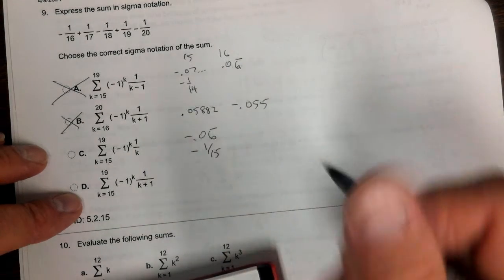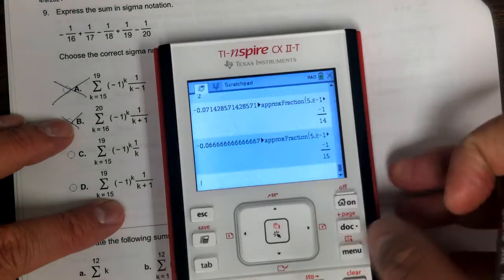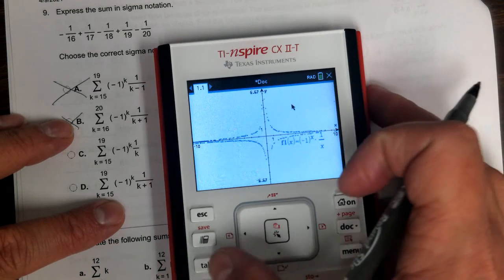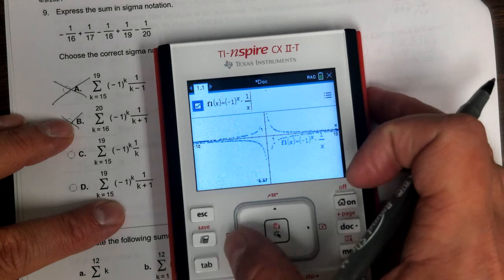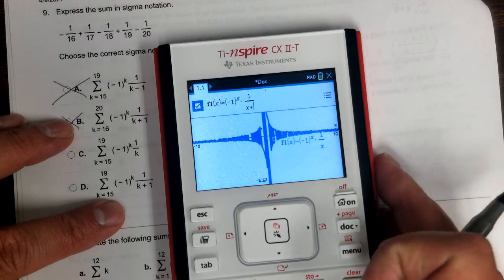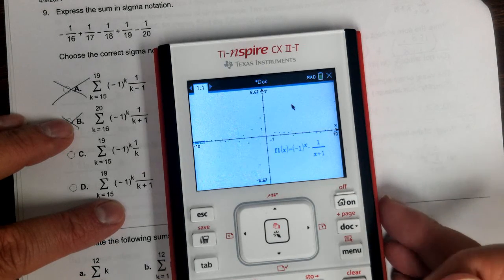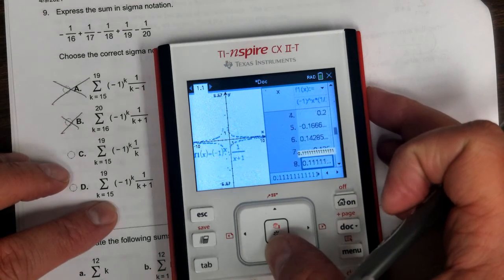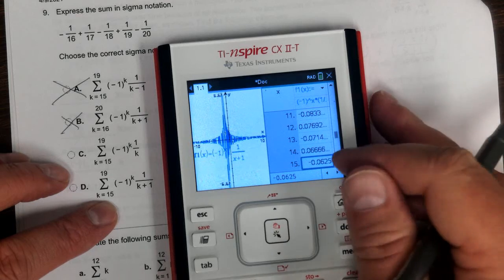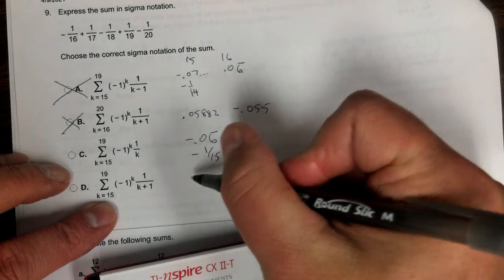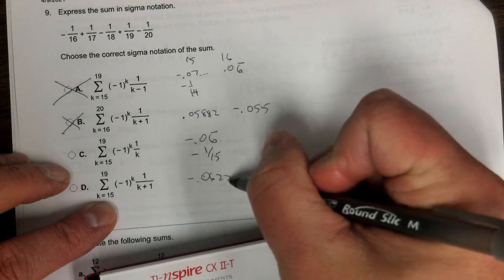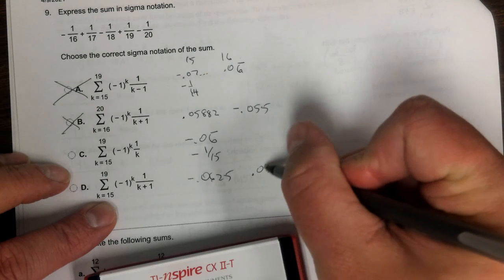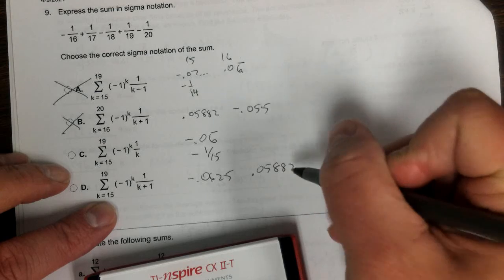Now we need to do the next one. And if I do +1 right there, now start at 15, that's negative 0.0625, and then positive 0.05882.